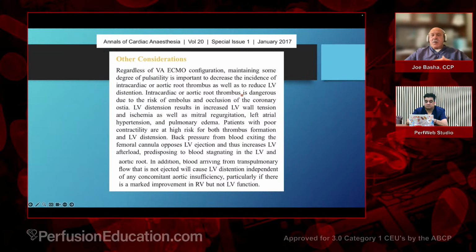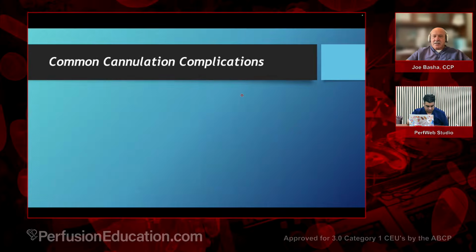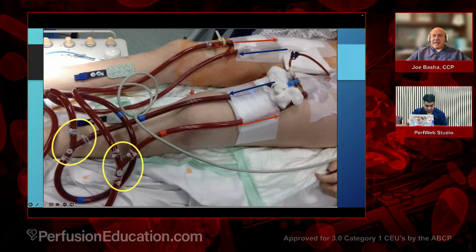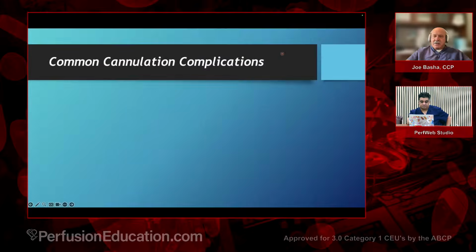So it's very important to vent the LV. That's why these people put that cannula in. They didn't have Impella or whatever, or couldn't put Impella in because maybe it was a mechanical aortic valve. I don't really know. But this is how you can reduce the distension of the LV through a transeptal puncture.